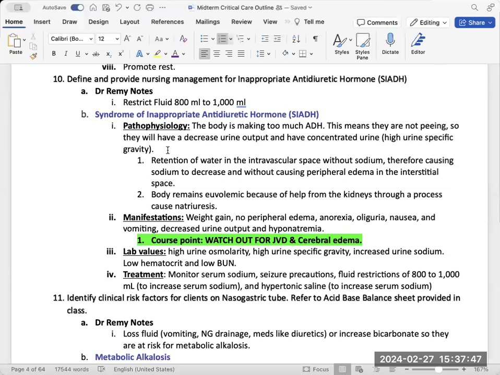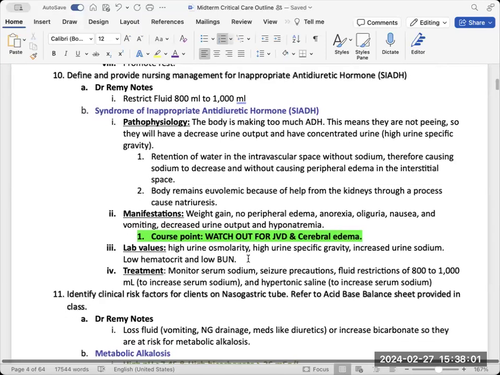So we don't want to continue giving them fluid. We could also give them hypertonic solutions to help increase the serum sodium. Remember, this is a person who is retaining water in the intravascular space, so we want to put them on fluid restrictions. Any questions?